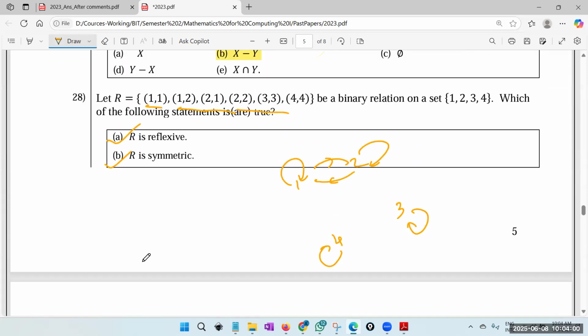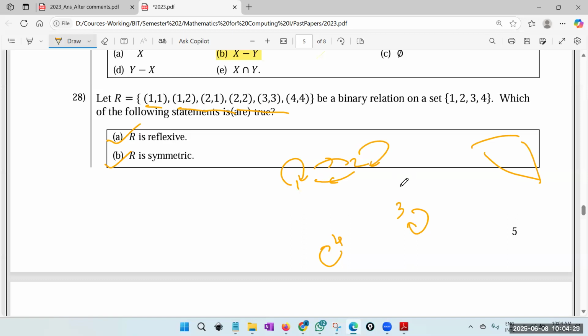Transitive: when there's A to B and B to C, there must be A to C. For example, there's 1 to 1 and 1 to 2, then there must be 1 to 2. I think it's not violated, right? Of course, you don't see something like this and this and this, but that property is not violated here.